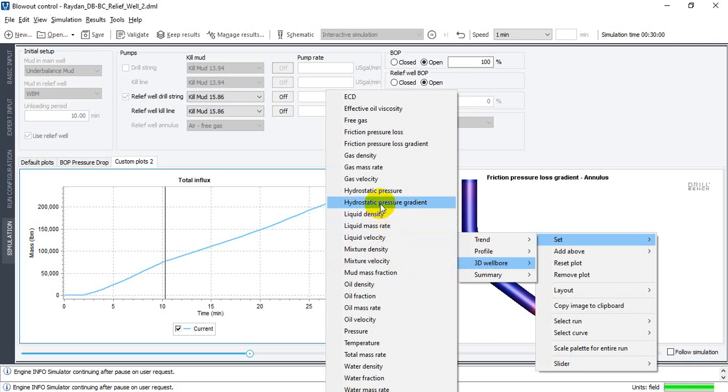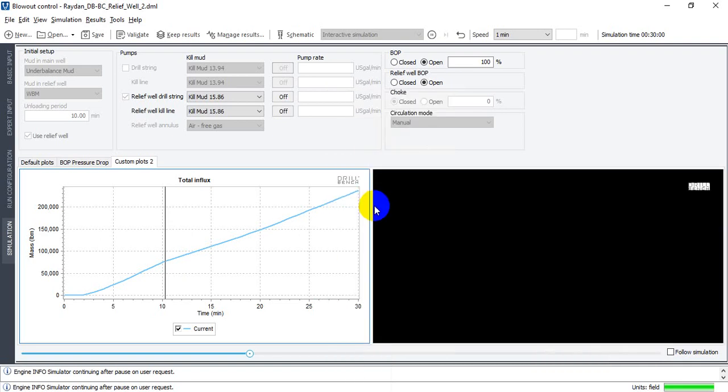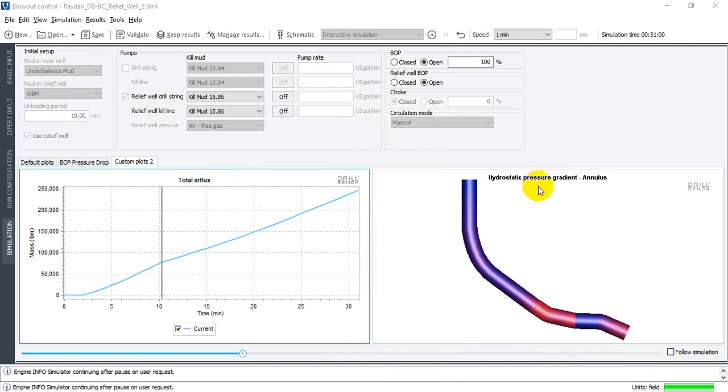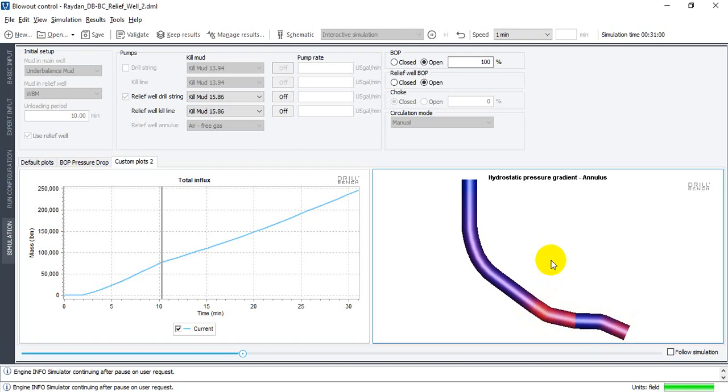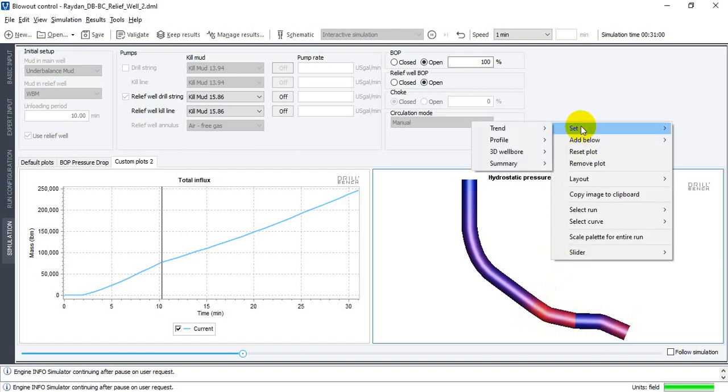Liquid density hydrostatic pressure gradient. Also it is the slab's weakness. It is the hydrostatic pressure gradient at the annulus. We can see the change from dark blue to dark red, and again blue. It is the pressure losses also for the relief well.